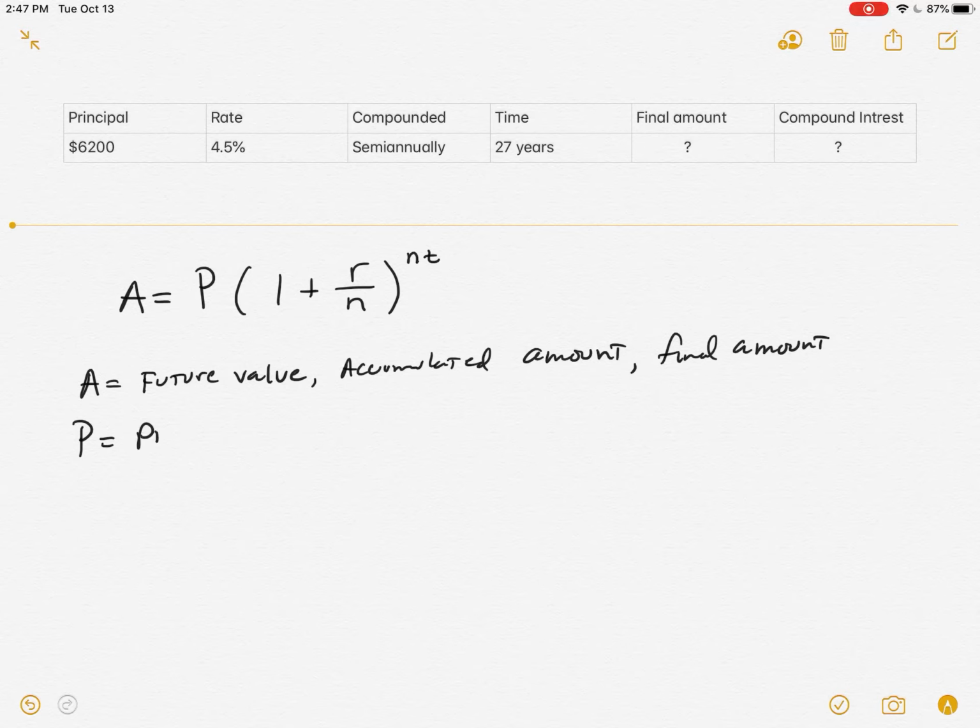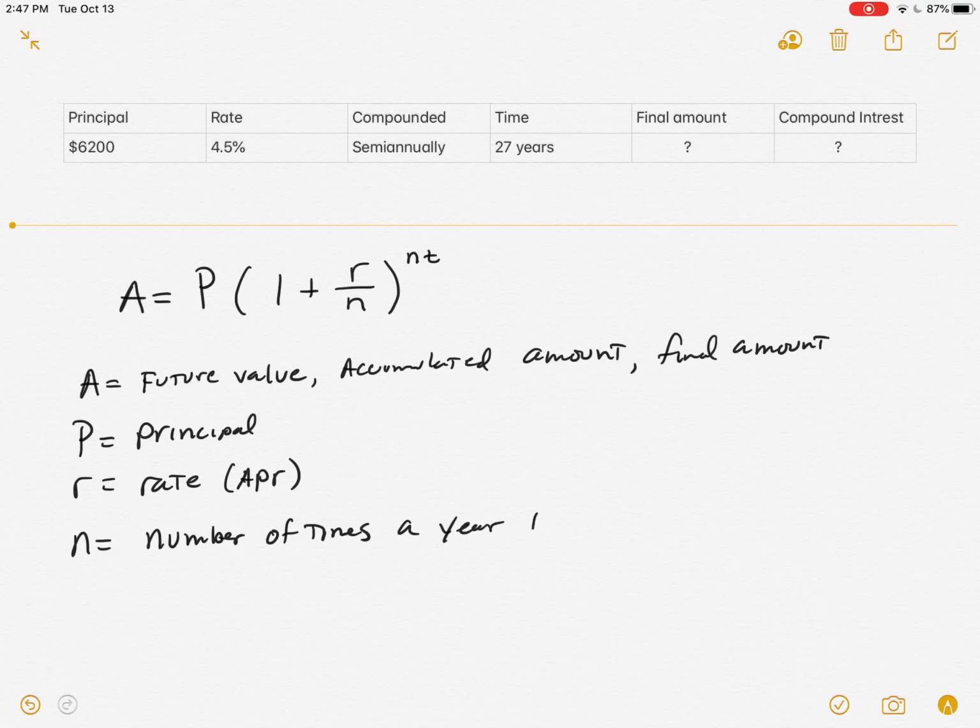P we know is principal. We know R is the rate, represented as an APR, an annual percentage rate. And then N is the number of times a year the interest is being applied.